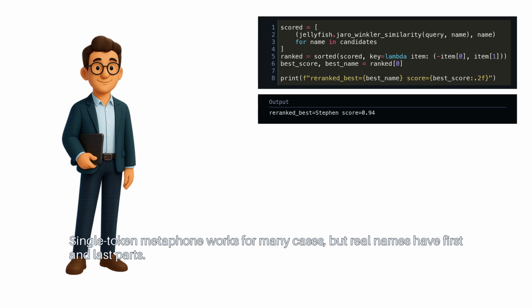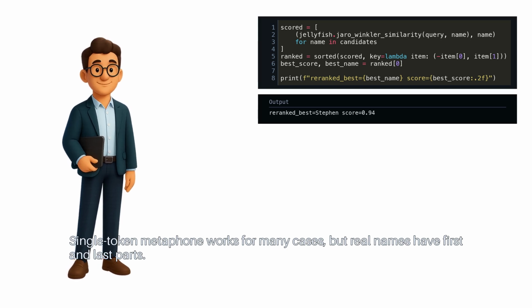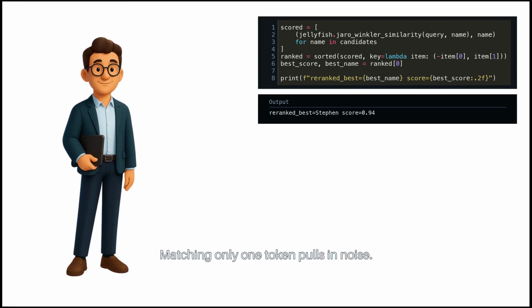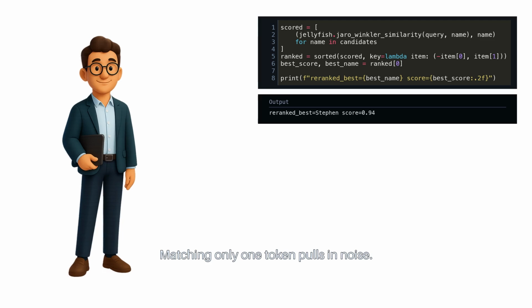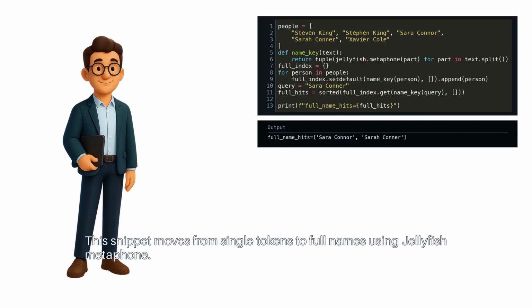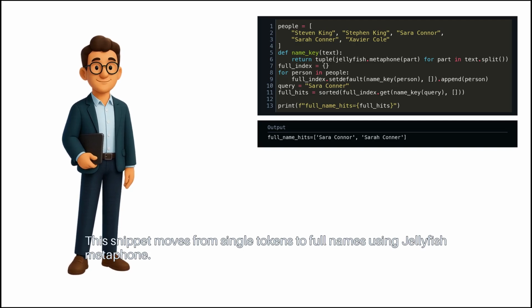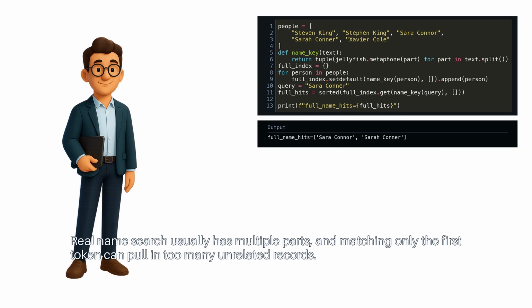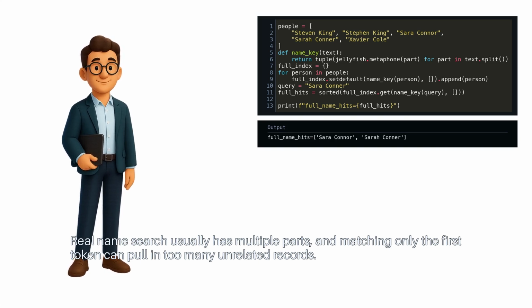Single token metaphone works for many cases, but real names have first and last parts. Matching only one token pulls in noise. This snippet moves from single tokens to full names using jellyfish.metaphone. Real name search usually has multiple parts, and matching only the first token can pull in too many unrelated records.